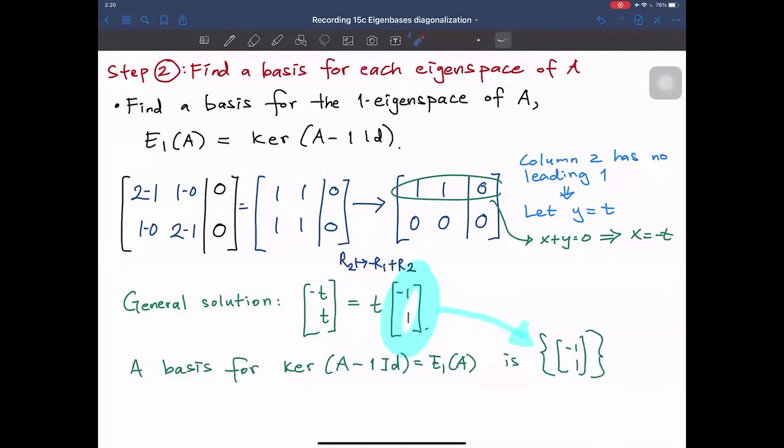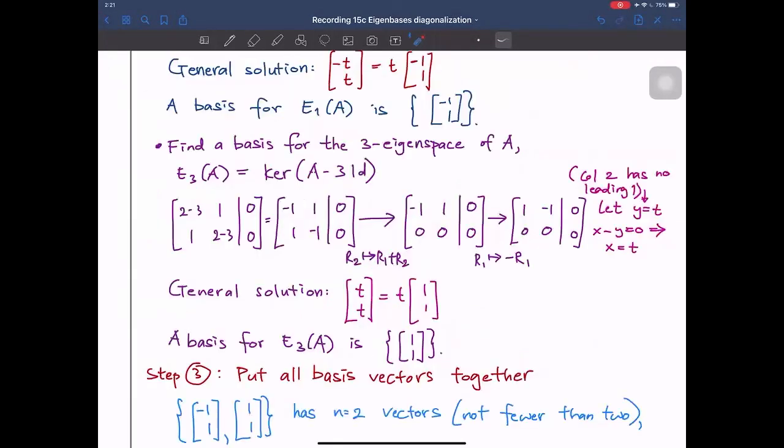After this, I find a basis for the eigenspace of the other eigenvalue of A. The other eigenvalue of A is 3, so I find a basis for the 3 eigenspace of A. This is the shorthand for the 3 eigenspace of A. This is equal to the subspace, which is the kernel of the matrix A minus 3 times the identity matrix.